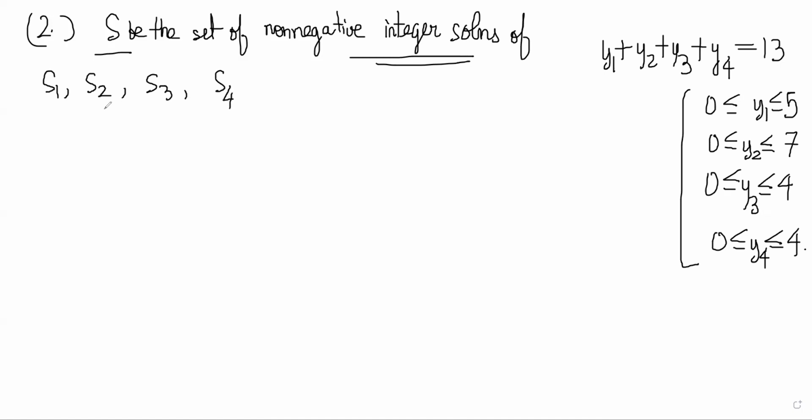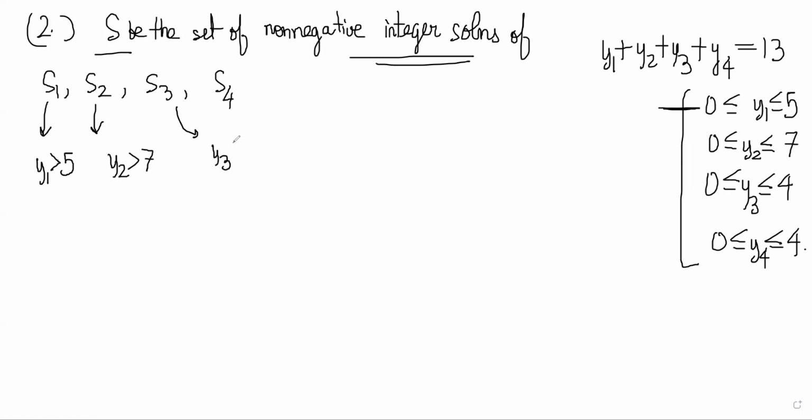And what is S1? It is the set of solutions where y1 is greater than 5, right? Basically, y1 should start from 6 here. So we are taking the complement of this case. S2 is y2 greater than 7.